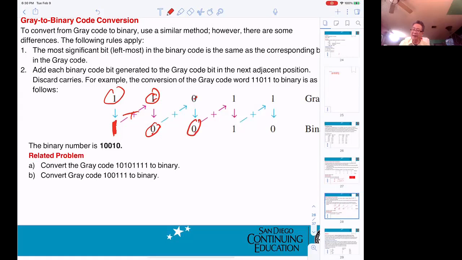And 0 adding to 1 here, you get a 1. 1 adding to 1, you get 0. No carry. Okay? And now you do number A. Tell me what number you get.